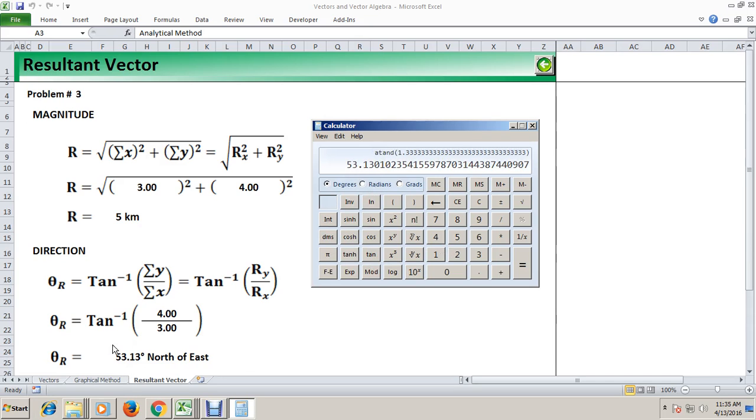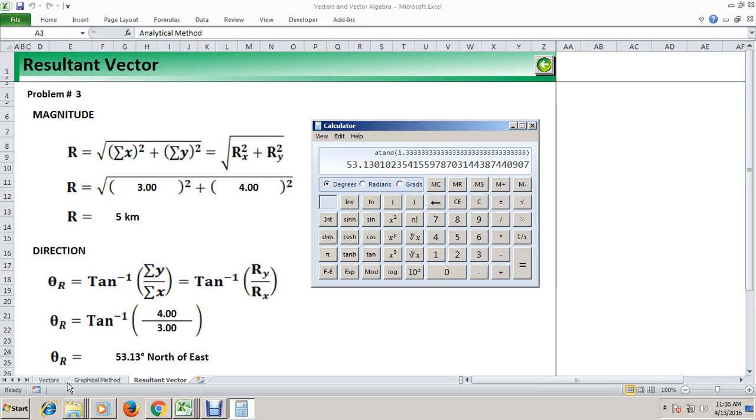Then the direction is north of east. So question, why is it that the direction is north of east? Now remember, in our discussion of the concept, whenever we employ the arctangent function, summation of y over summation of x, we always expect that the resulting angle is an angle measured from x.